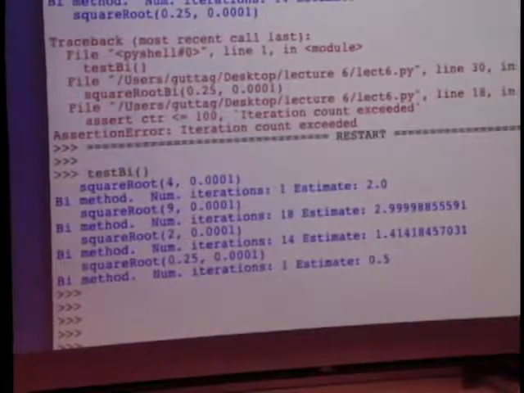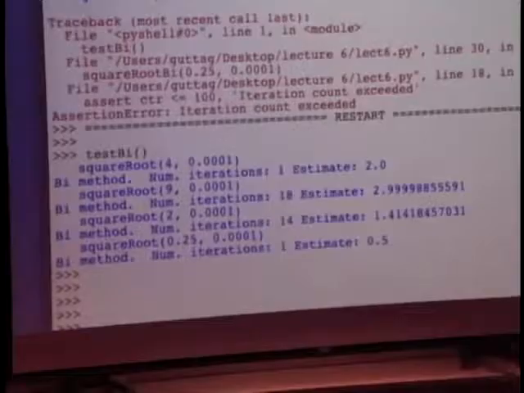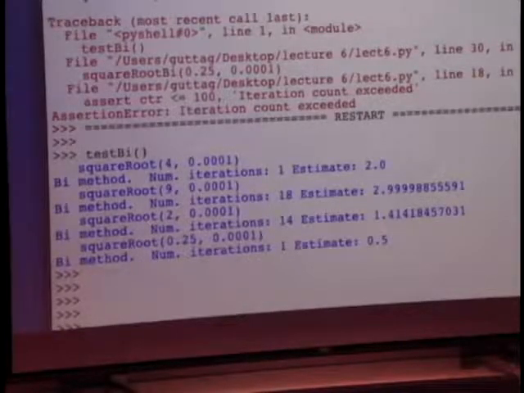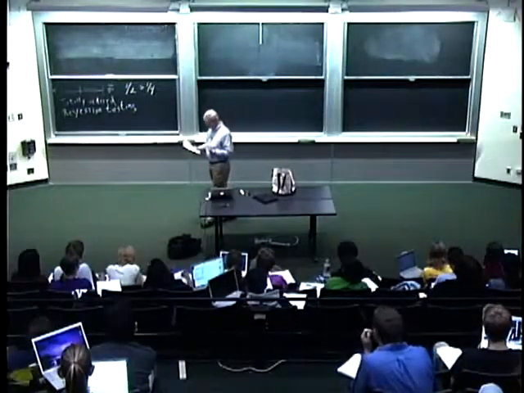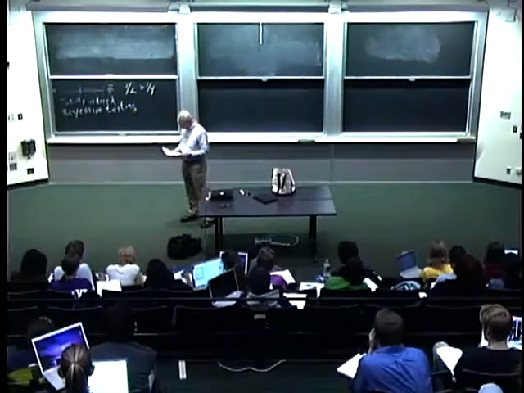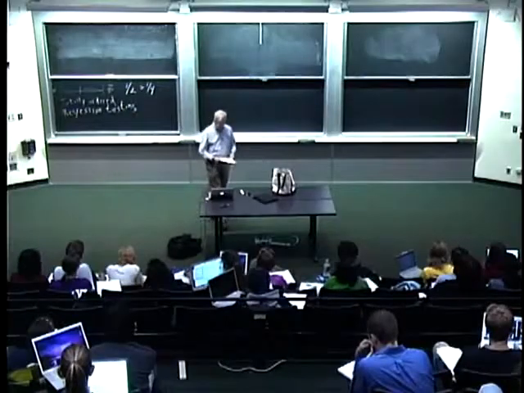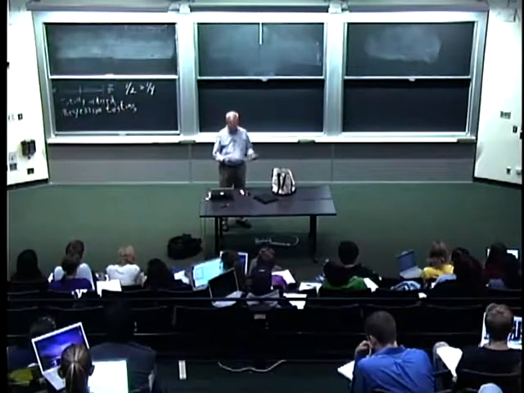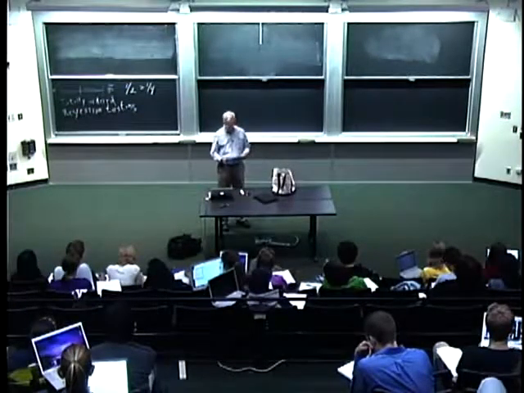Sure enough, it worked, and we got the right answer, 0.5. All right, and by the way, I checked all of my previous ones, and they worked too. All right, any questions about bisection search?